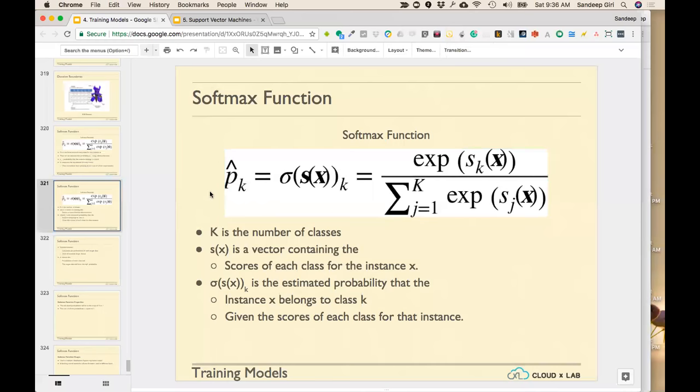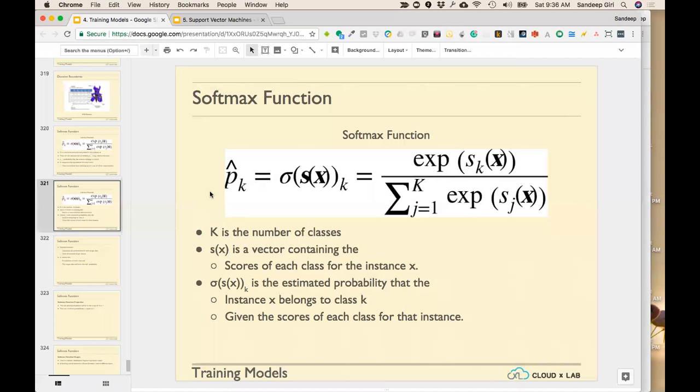A question from Kamal: is there a way to visualize the confusion matrix for the softmax function? Yes. So the question is, can we visualize the confusion matrix for softmax?